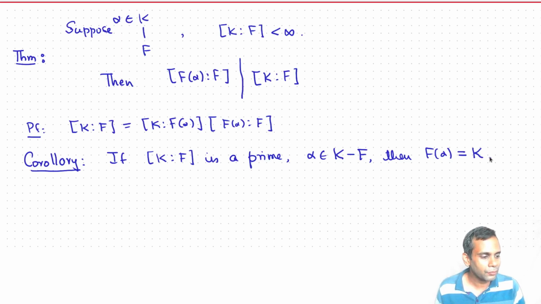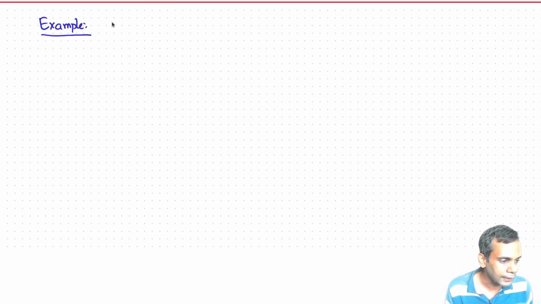It's also kind of useful in analyzing certain extensions. Let's look at an example. So let's work over the rational numbers. Let's take alpha to be the cube root of 2 and beta to be the 4th root of 5, for example.